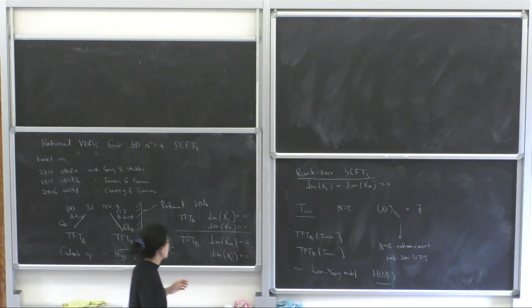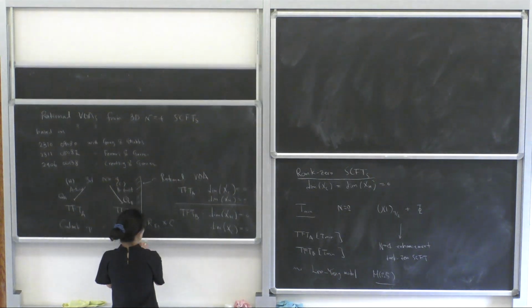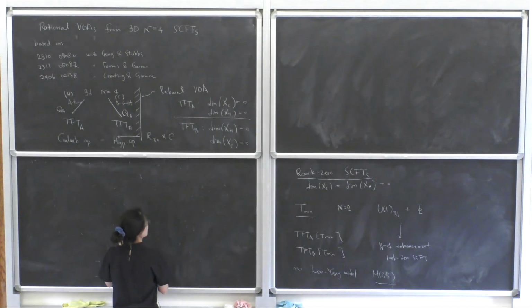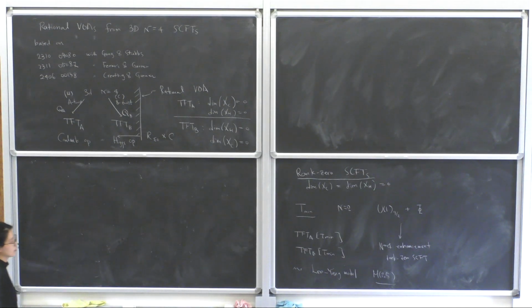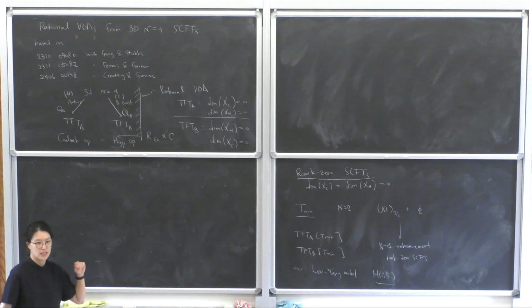Okay, so the plan for today's talk is the following. I mentioned that the construction of the rank 0 theories relied on some accidental phenomena, like the accidental supersymmetry enhancement.